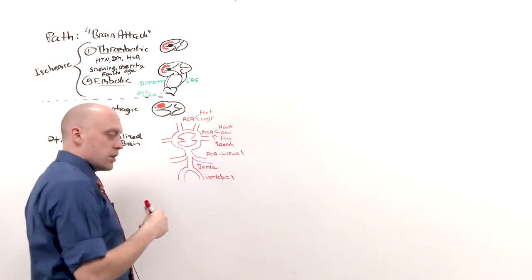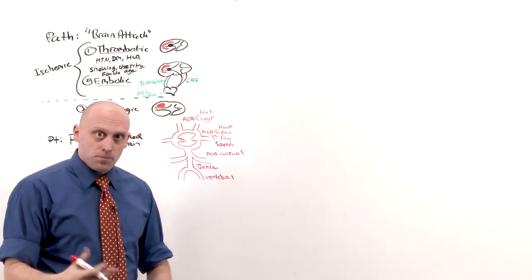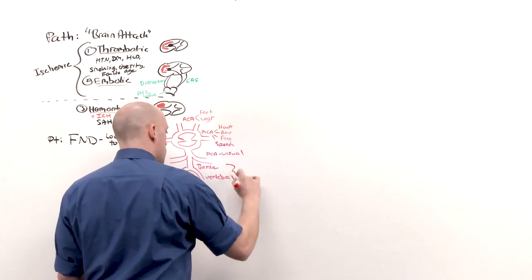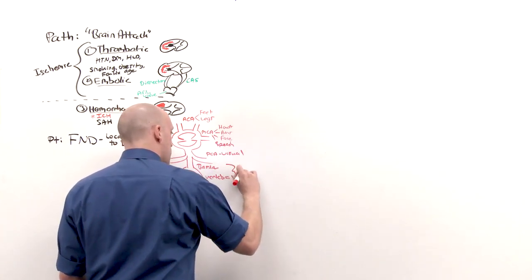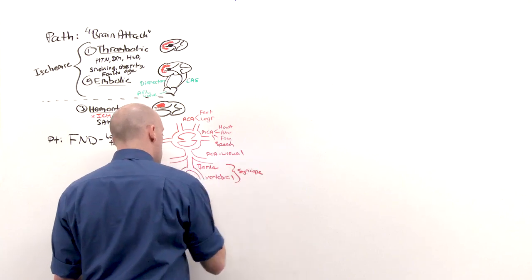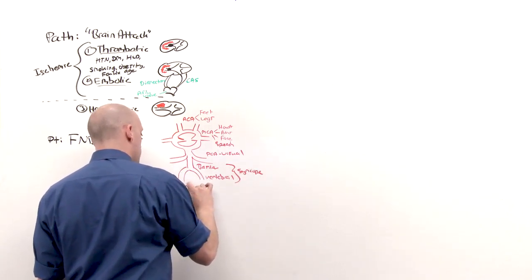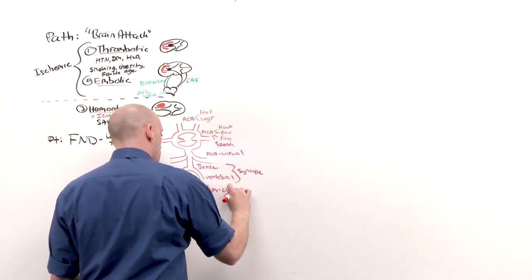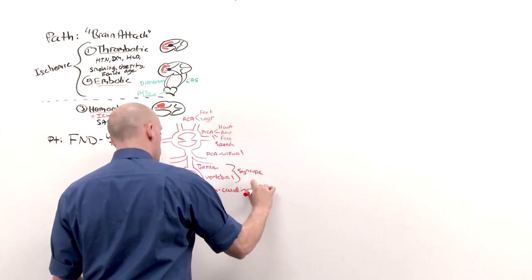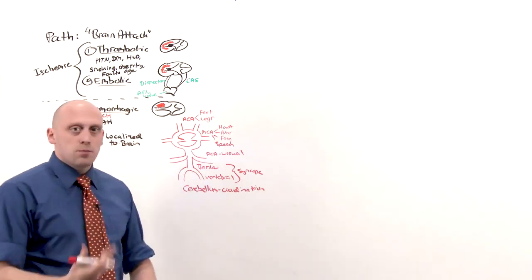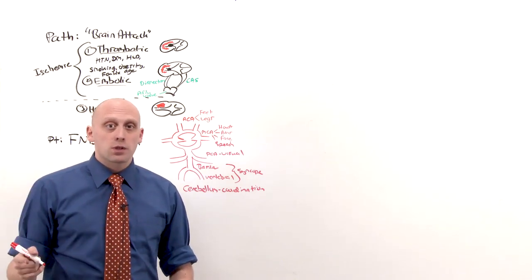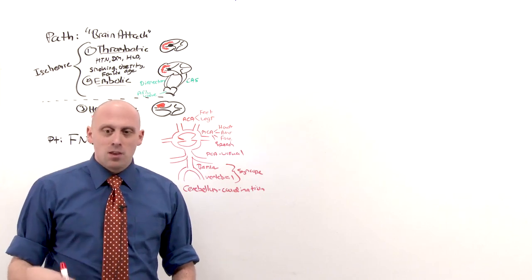While basilar artery could cause locked-in syndrome, the vertebrobasilar vasculature causes syncope as its presentation. And don't forget about the cerebellum. The cerebellum maintains coordination, dysdiadokinesia, inability to do rapidly alternating movements, finger to nose, and most importantly, ambulation.